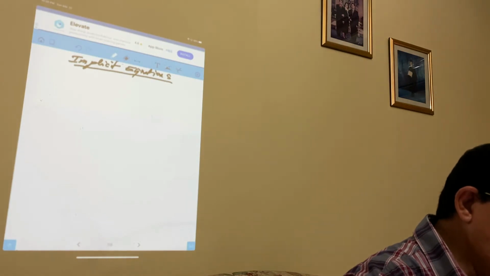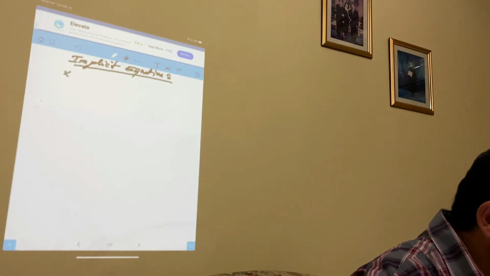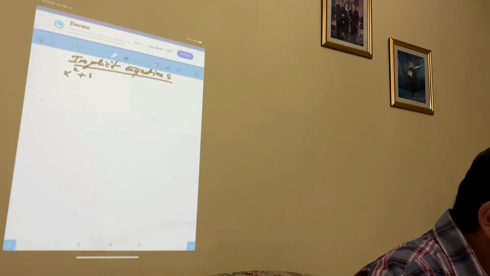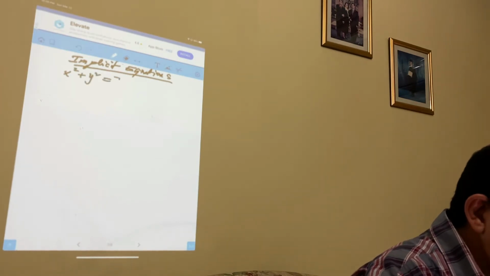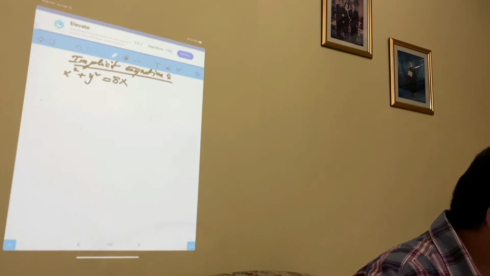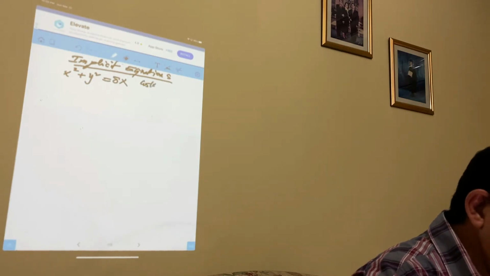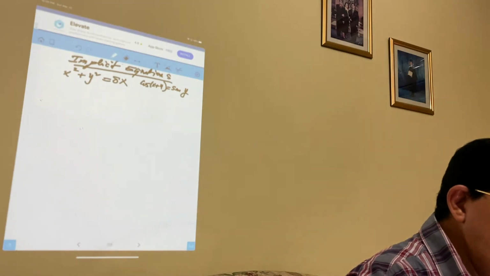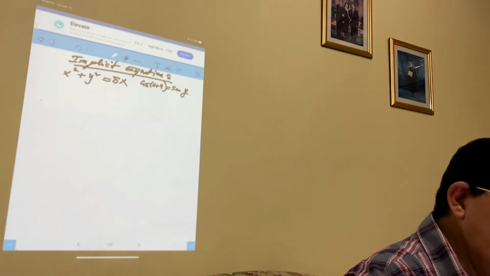Like this equation, x squared plus y squared equals 8x. Or like the equation cosine x plus y equals sine y. We cannot write y as the subject. This is called an implicit equation.